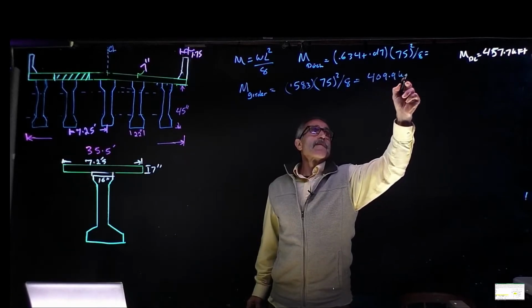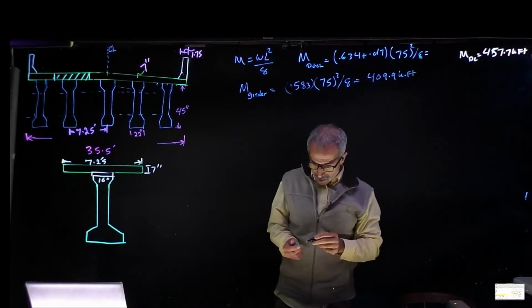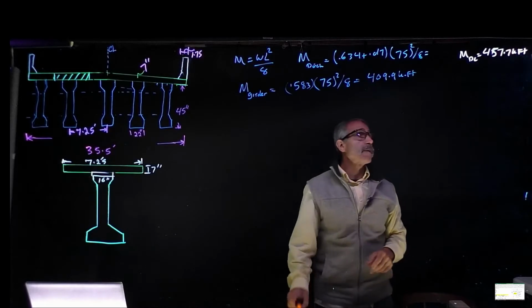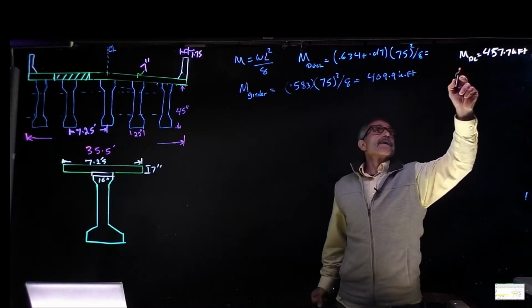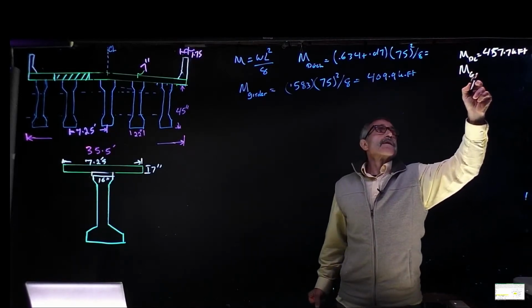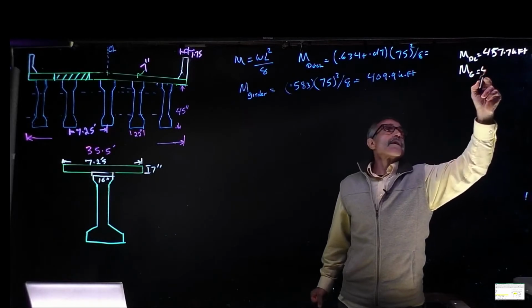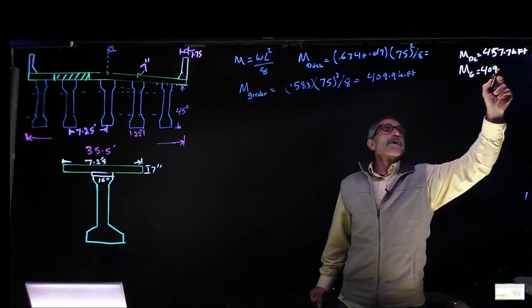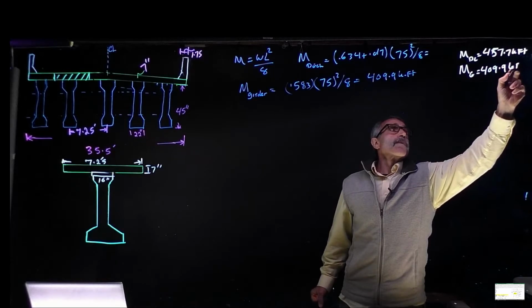So I'm going to go ahead and write down here, because I need them later. M girder is equal to 409.9 kip foot.